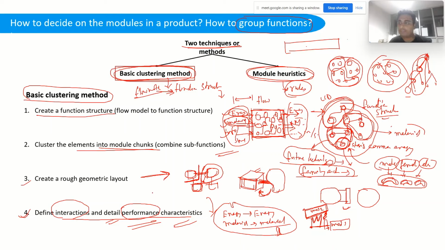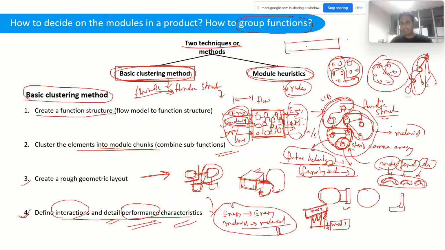It also depends on the product, right? Yes. Suppose we are going to design furniture, it will go up to sectional modular only, because different pieces will be manufactured and then you can assemble them.